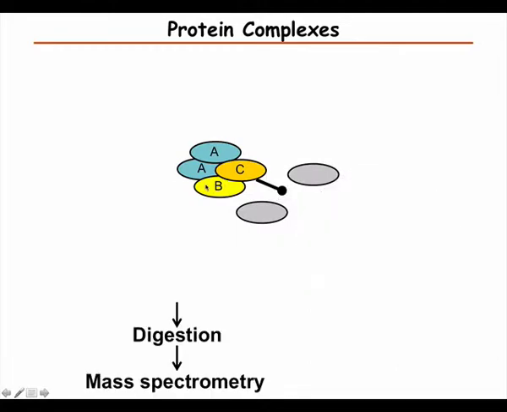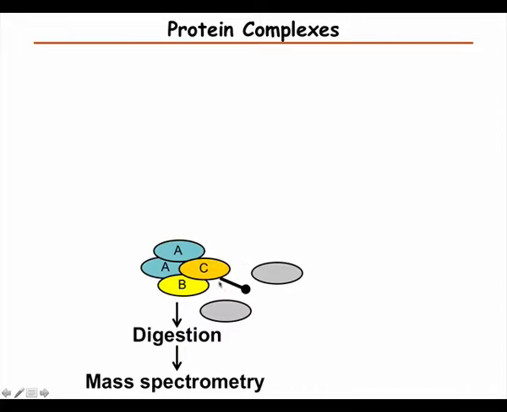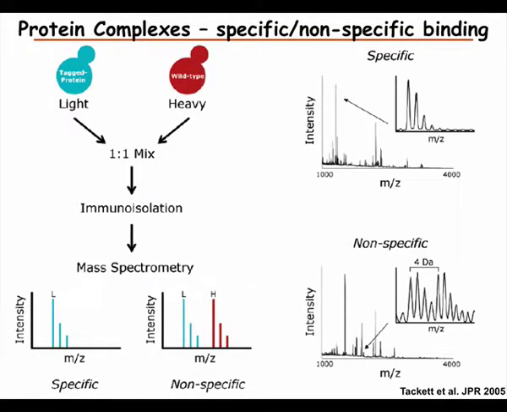But one important thing is to figure out which ones are these non-specific interactors. And one way we can do this is by using heavy isotope labeling. The way that people have shown how to do this is you have your tagged protein in light, and the wild type in heavy. Then you mix them together, do the immunoisolation of the mixture, and then do mass spectrometry.